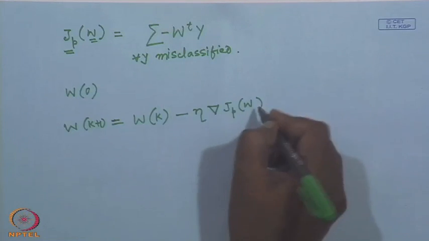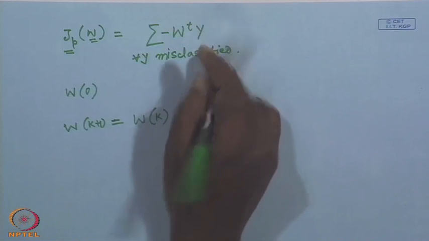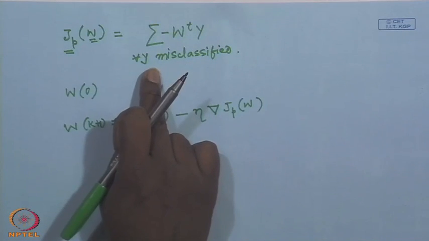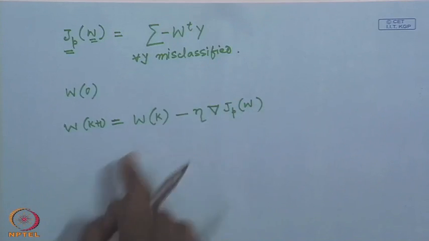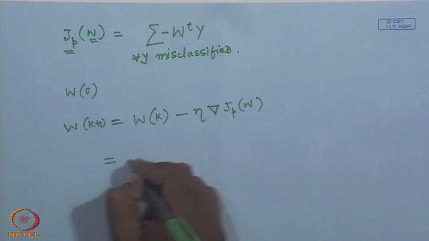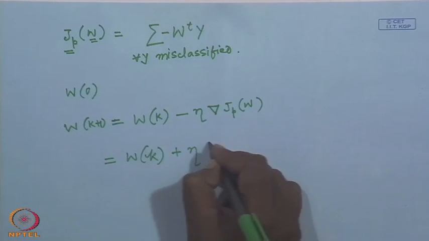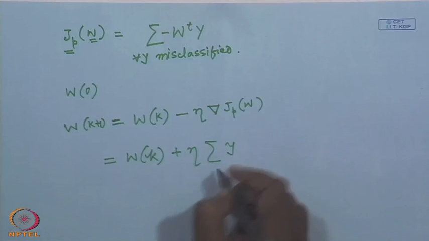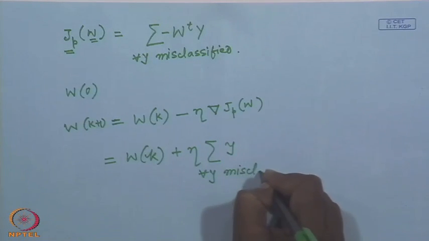And if I take the gradient of J_p(W), it will be nothing but minus the summation of y for all the samples y which are misclassified. So, effectively this algorithm comes to W(k) plus eta times the sum of y for all y which are misclassified.